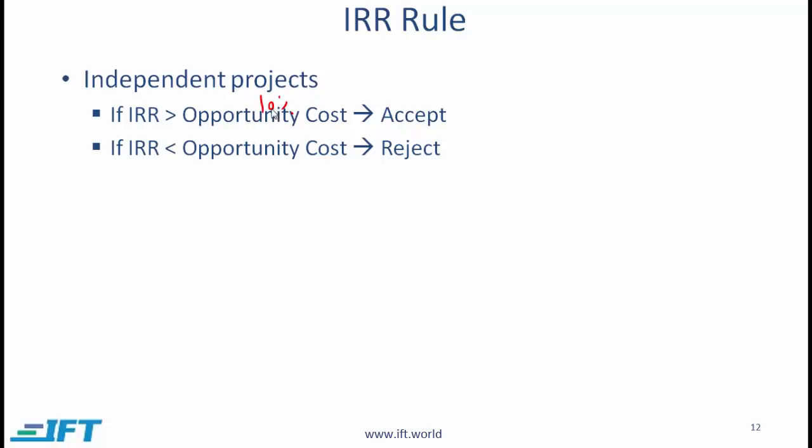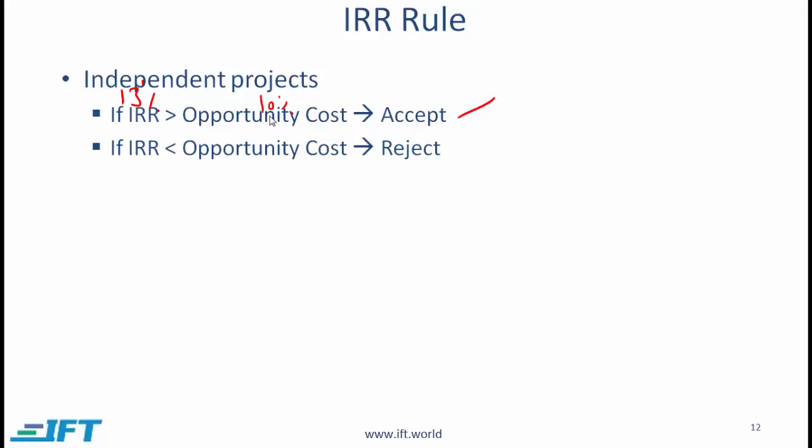That means that if you have some money to invest, your next best alternative is to invest at 10%. On a given project, if your IRR is 13%, then it makes sense to do the project, because what you are getting on this project is higher than the opportunity cost.